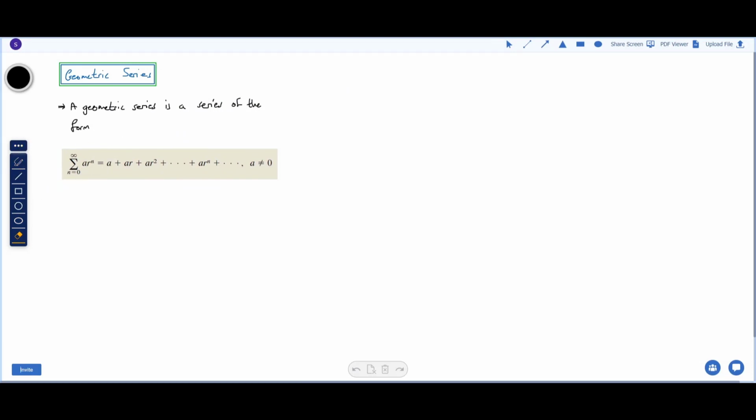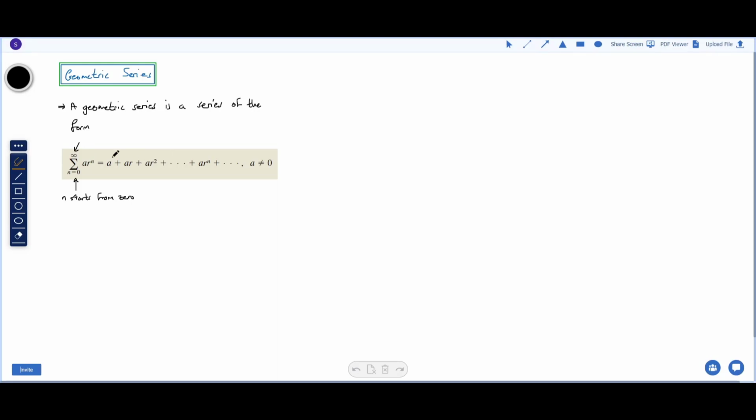So yeah, your geometric series is a series where you have the summation from n equals 0. So n starts from 0, to infinity, and it's of the form a times r to the power of n.